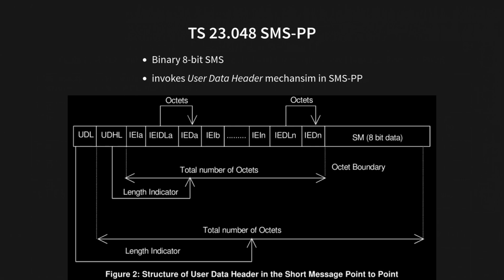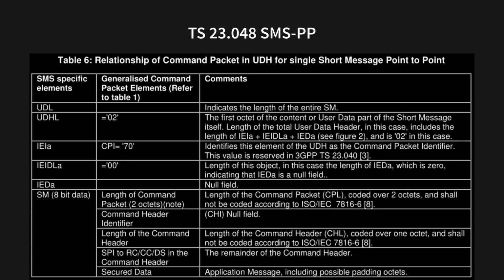I'm not sure if they forgot the bit or they didn't have the space somewhere. So it's impossible for, let's say in this case, a SIM card originated SMS to say whether or not it has a user data header. So basically it's implied that if a SIM card originates it, there must be a user data header, because it's not possible to signal it over the SMS protocol. But it's only in the downlink to the SIM card that this can be signaled. So yeah, really weird stuff.